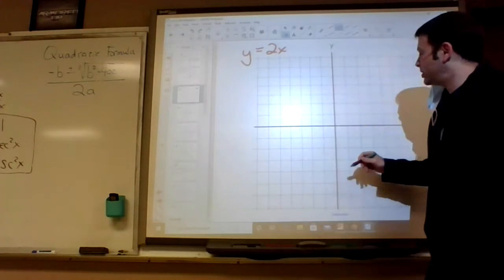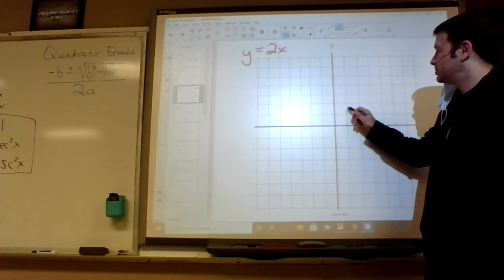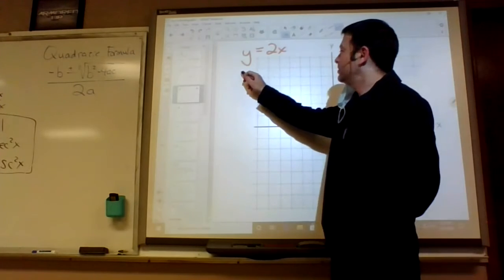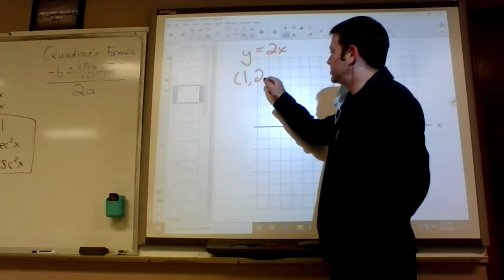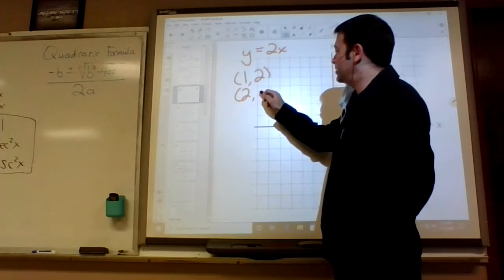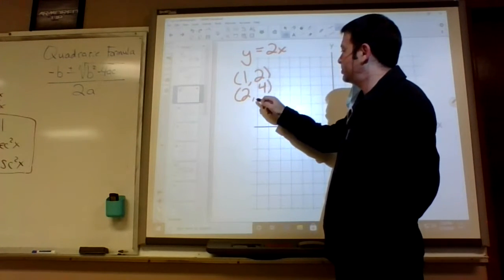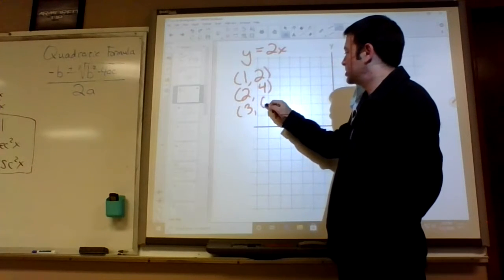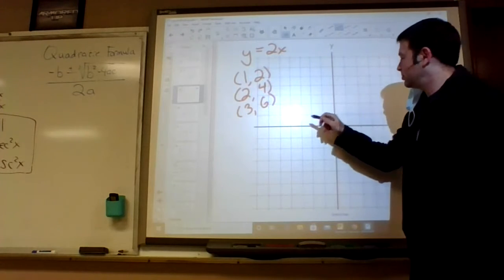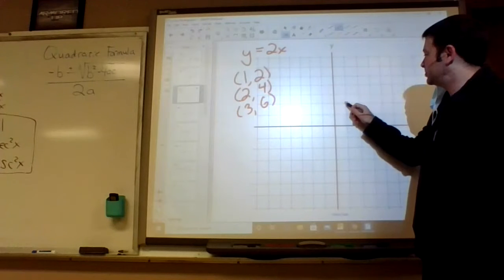So after 1 year, there will be 2 people, right? So when x is 1, y is 2. After 2 years, there will be 4 people. After 3 years, there will be 6 people. So 1, 2, 2, 4.